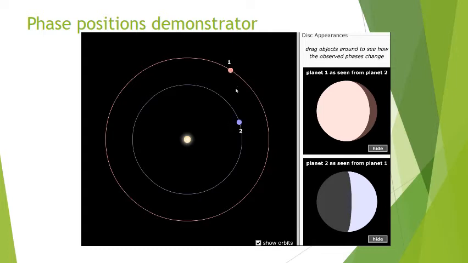Well, if you're viewing Venus from the Earth, you would see the right half of Venus being lit up and the left side being essentially dark, which is the view we see here down at the bottom. Planet 2 is seen from planet 1. So we're seeing essentially a crescent Venus.